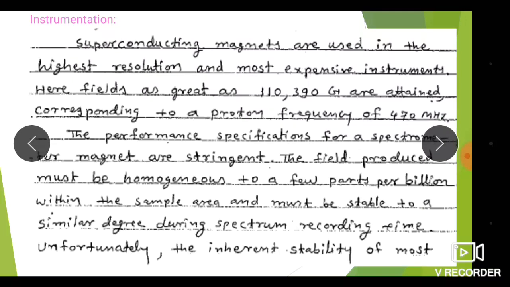Superconducting magnets are used in the highest resolution and most expensive instruments. Here fields as great as 1,10,390 gauss are attained, corresponding to a proton frequency of 470 megahertz.